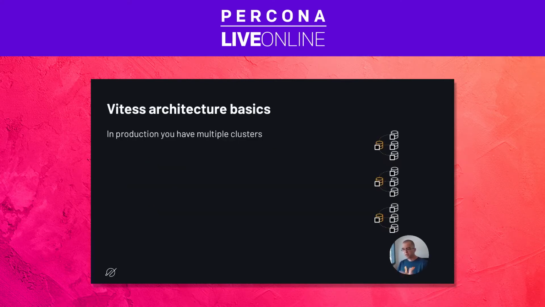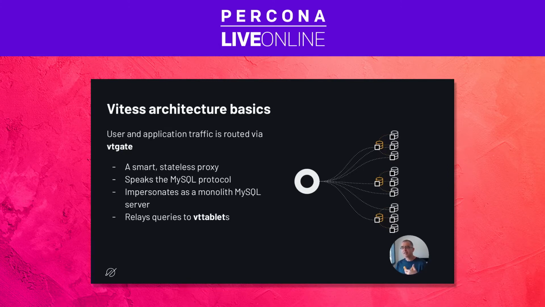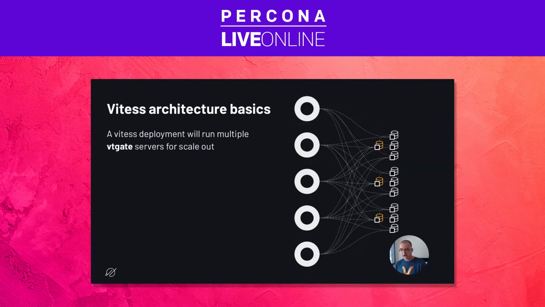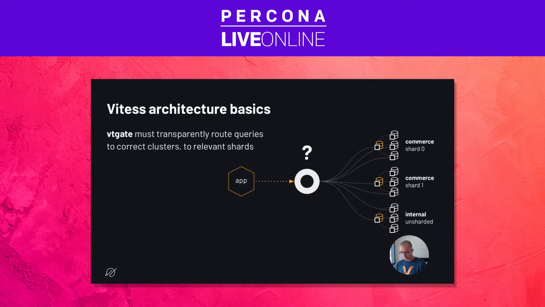So in production you will have many clusters, and you will want to somehow route queries to these clusters. We introduce VTGate, which is a smart Vitess component which acts like a proxy. It speaks the MySQL protocol. It knows how to route your queries to the appropriate cluster, to the appropriate shard. How does it know how to do that?